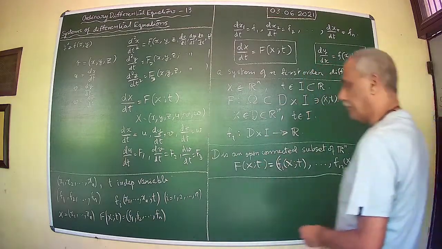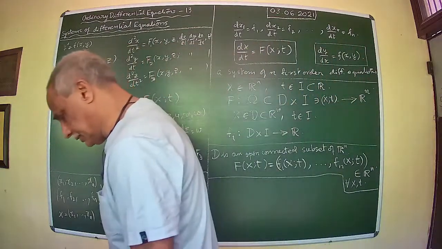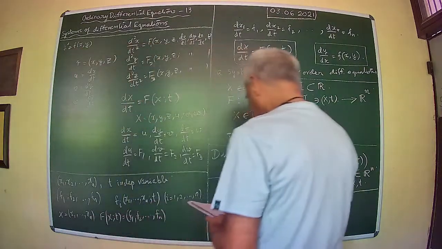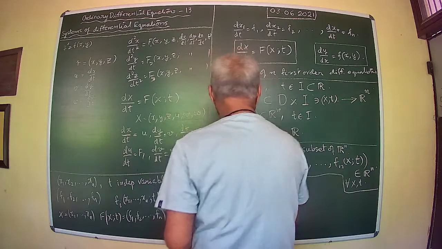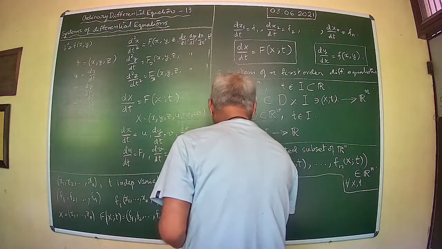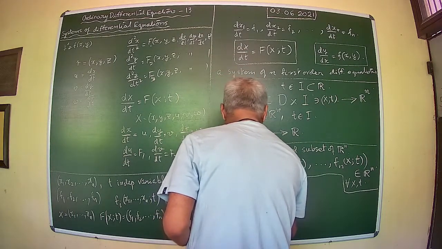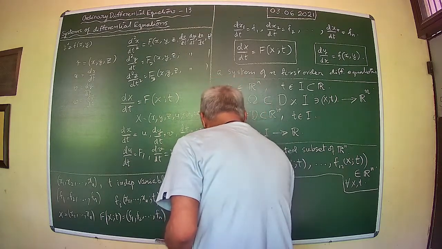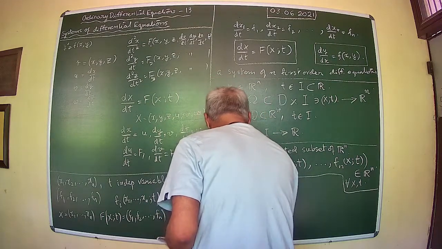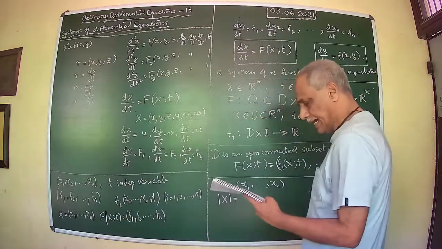So we will introduce the following notation: we write x as x1, x2, up to xn, and we write the norm of x as the Euclidean norm.